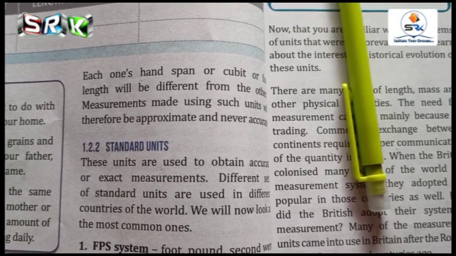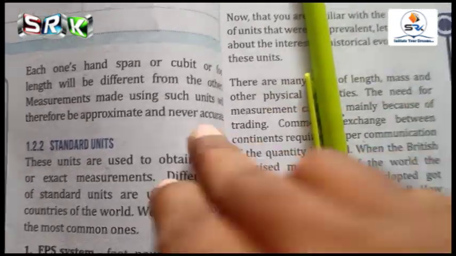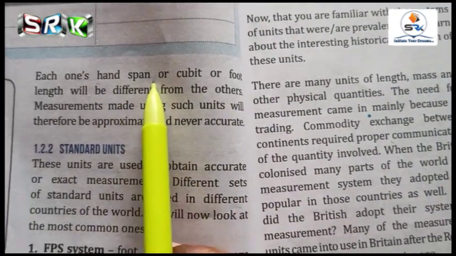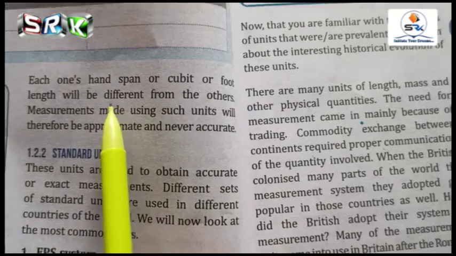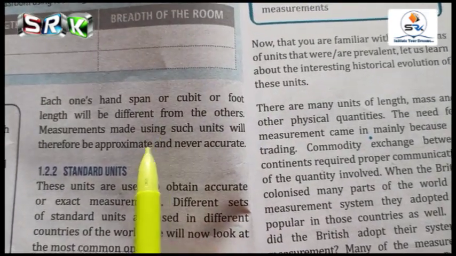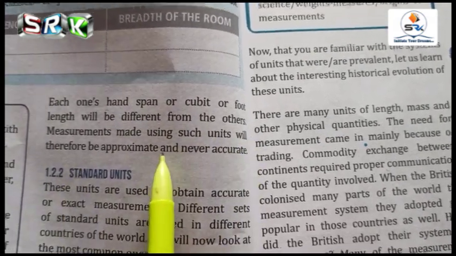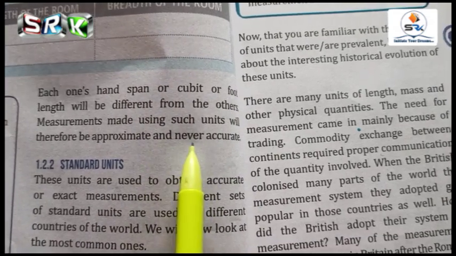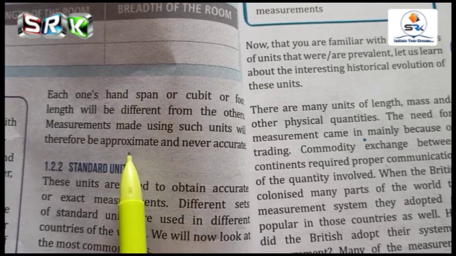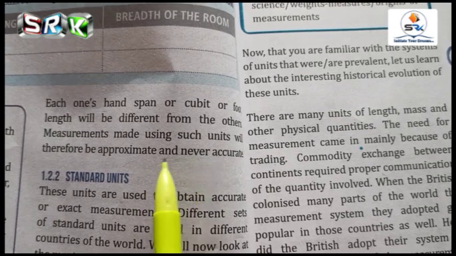No, that also would not be the same. Each one's handspan, cubit or foot length will differ from person to person. It will not be exact. So measurements made using such units will be approximate and never accurate. We can say approximately, but accurately we cannot say.